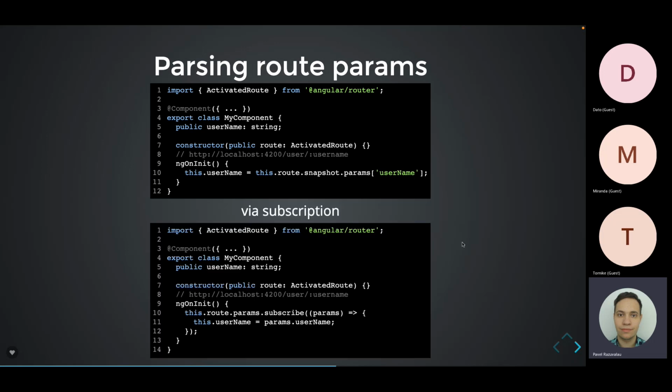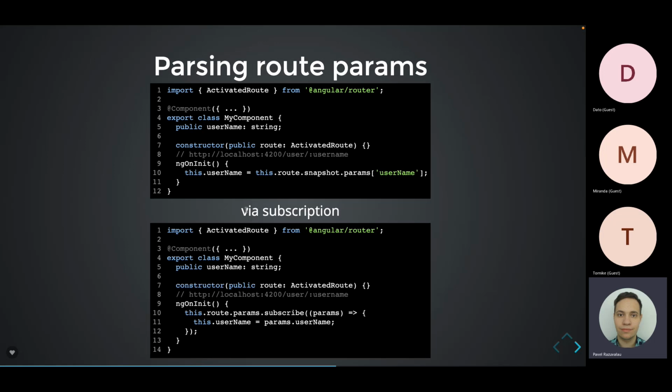So there are two options. How can we access the route param? One of them is to access the snapshot object, which is static, and the snapshot will not be changed after the navigation.